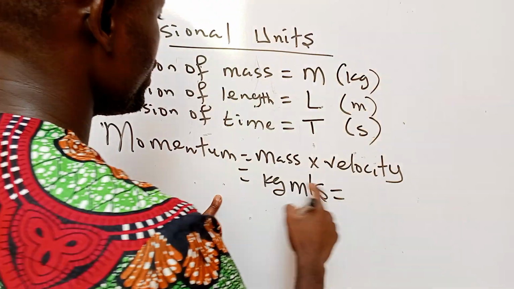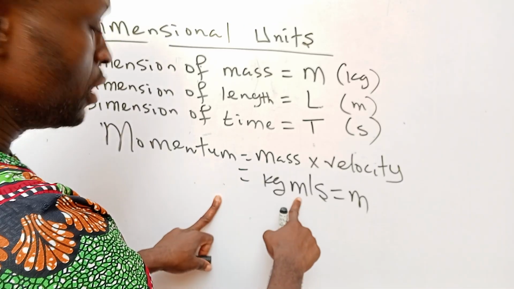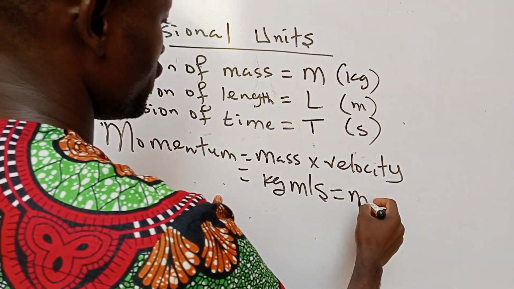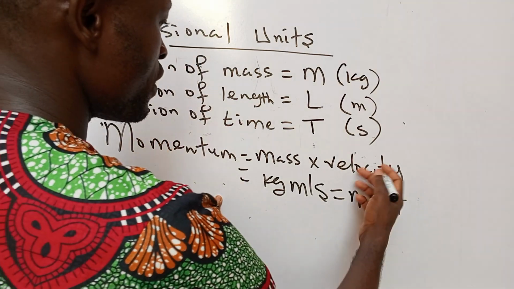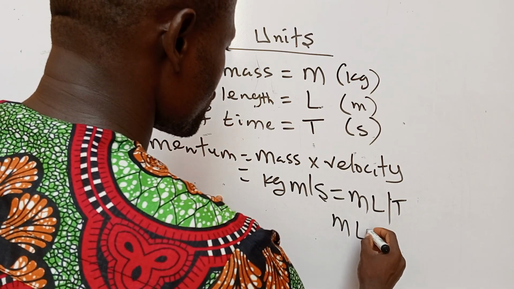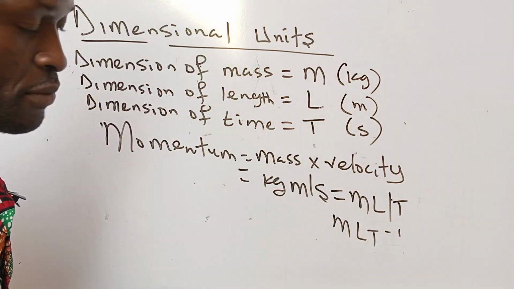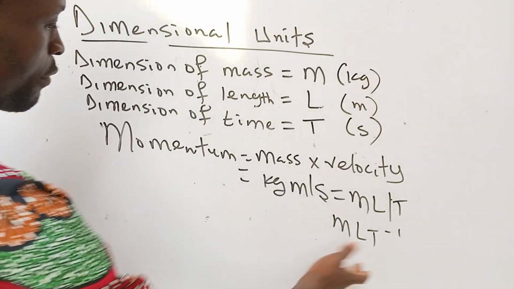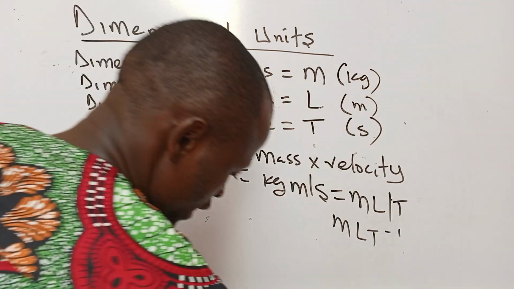So dimensionally, anywhere we see kilogram, we replace it by M. Anywhere we see meter, we replace it by L. Then anywhere we see seconds, we replace it by writing T. There are many ways of writing this. It can also be written as M L T raised to power minus 1. Depending on the choice of the examiner or the author of the textbook, it can be expressed like this or like this. This is called dimensional analysis.